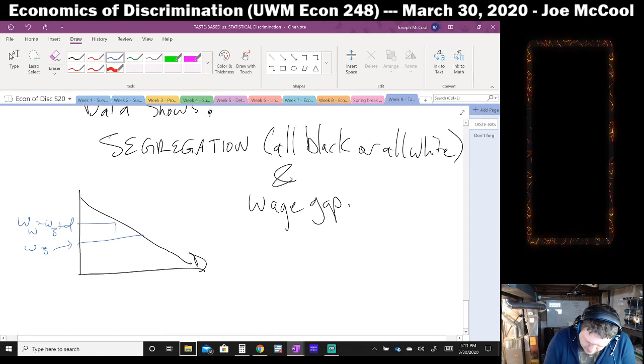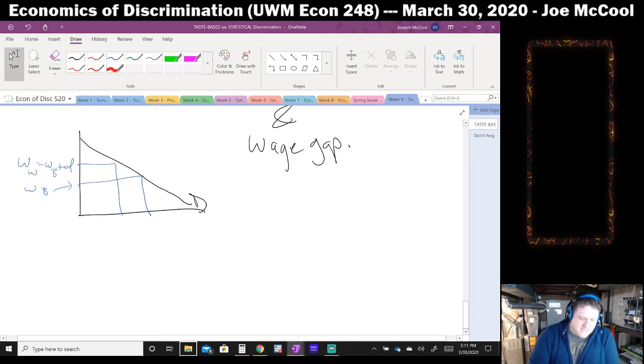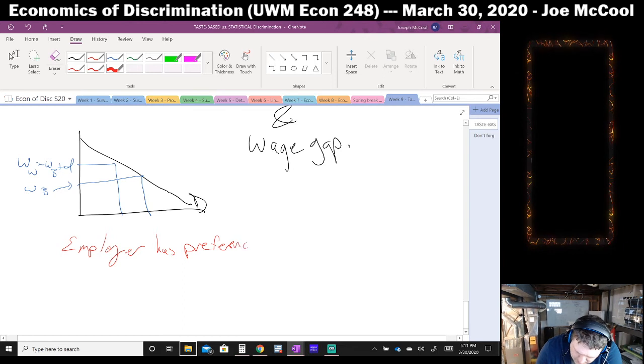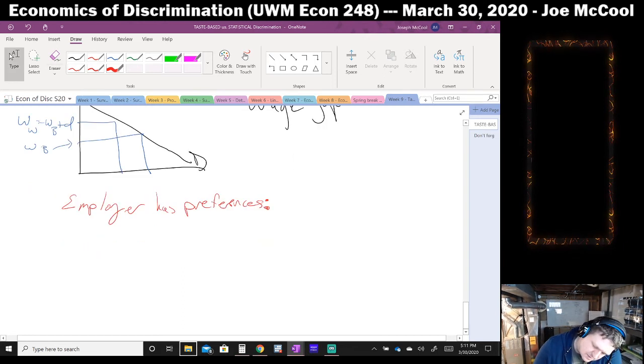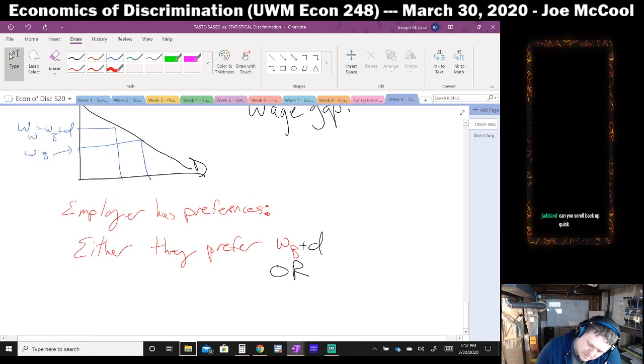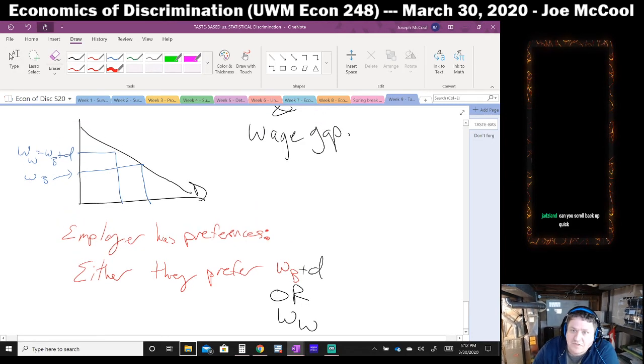And what's going to happen is either the employer, so remember, we have employer has preferences, this means either they prefer WB or WW.